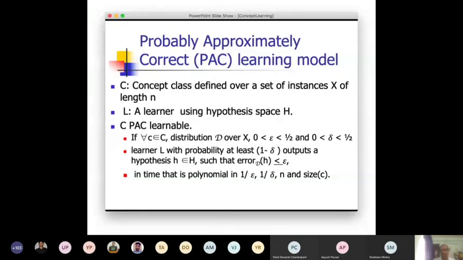Your learning algorithm's complexity should be polynomial in terms of 1 by epsilon, 1 by delta, n, the input size, and also the size of C, that means the size of the target function space or class of C.